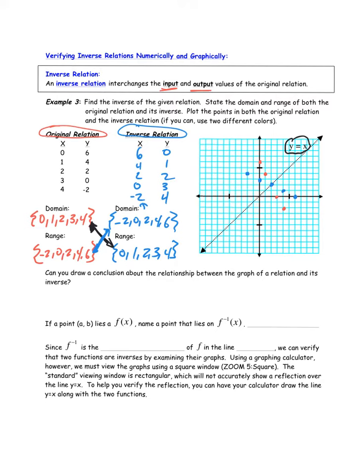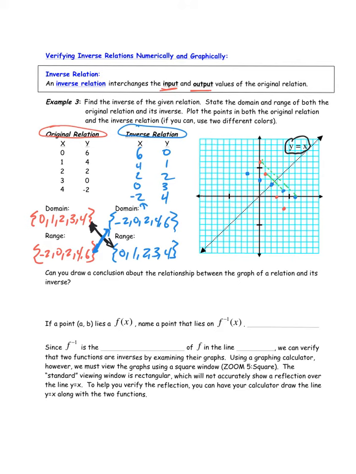If we consider y equals x a mirror, let's take the point (0, 6). If I mirror that in the line y equals x, I would get the point (6, 0). Likewise, if I take the point (1, 4) and mirror that in the line y equals x, I get the point (4, 1). (2, 2) is already on the line y equals x, so that mirrors itself.